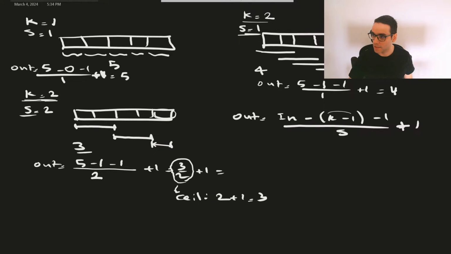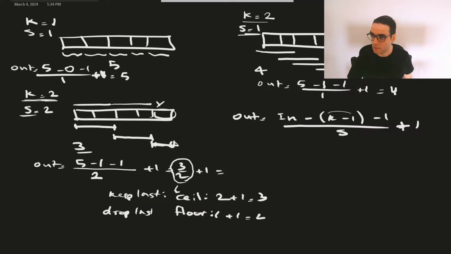That's if I keep the last segment. Let's call this keep last. If I want to drop the last segment when it's smaller than my kernel size, I will use floor. In that case, the floor of 3 over 2 is 1, plus 1. I'll end up with 2 segments, and I'll drop this last one.